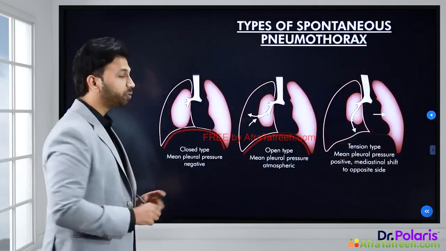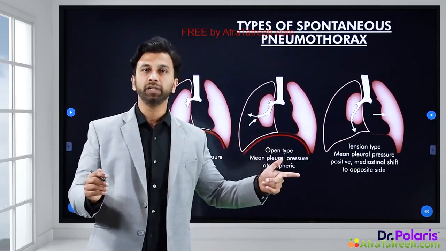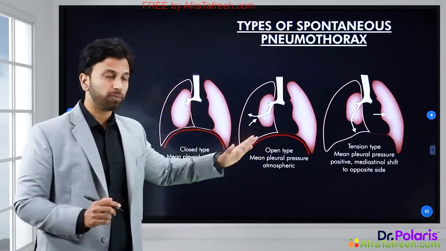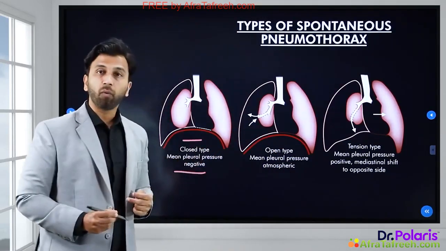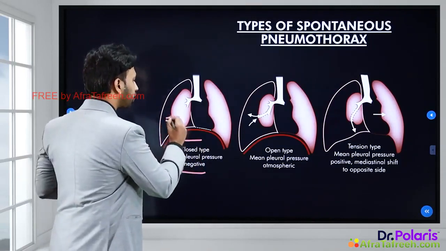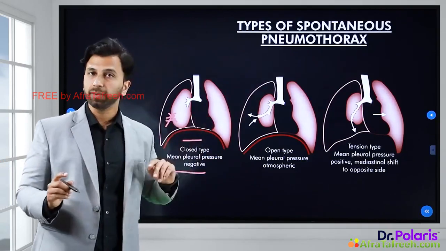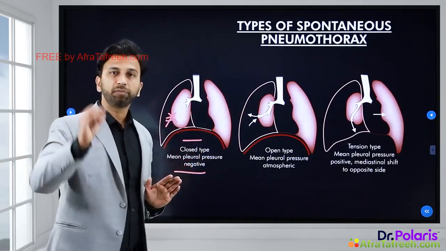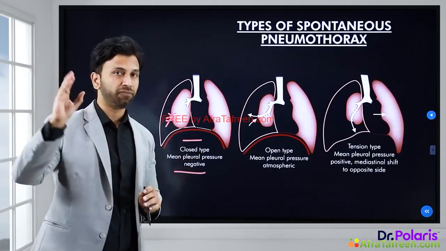As I told you, a spontaneous pneumothorax, be it primary spontaneous or secondary spontaneous, exists in three physiological forms. The first form is a closed type. What I mean by closed type is, there is no communication between the pleura and the alveoli. Here, some amount of air has escaped from the alveoli into the pleural space. Now, the amount of air escaped is fixed.